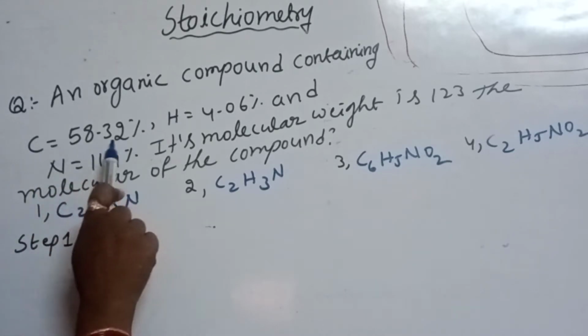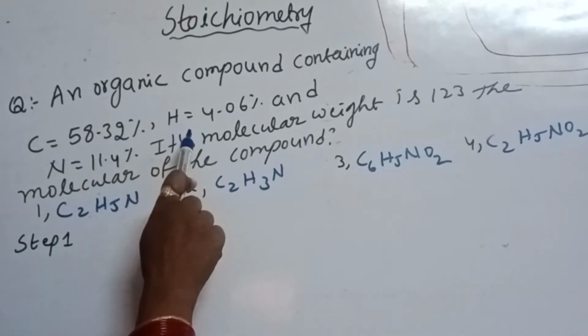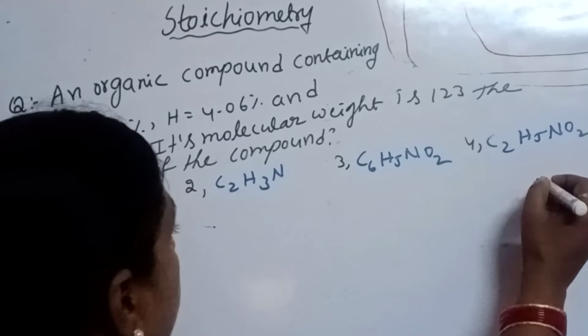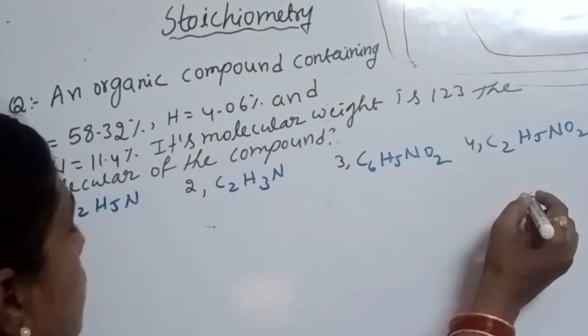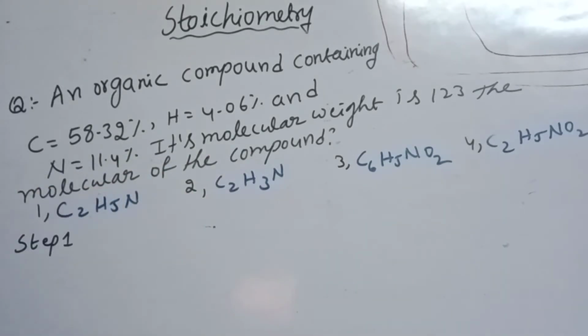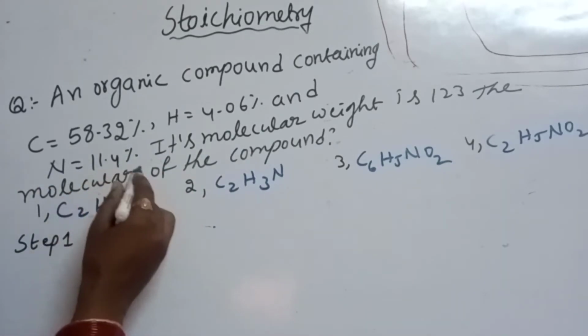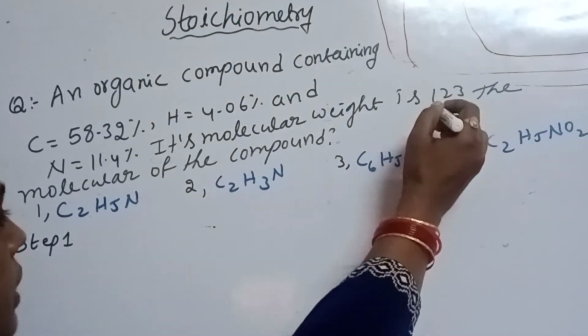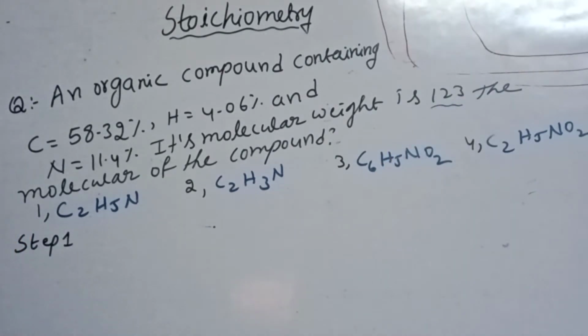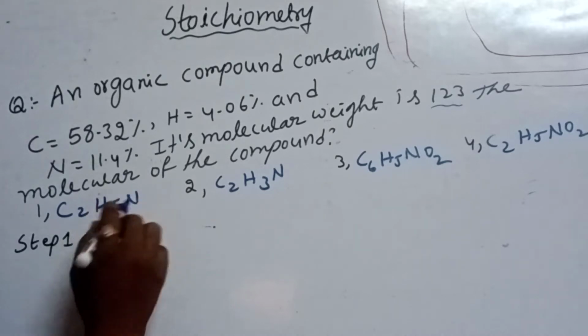Carbon is 58.32 percent, hydrogen 4.06 percent and nitrogen 11.4 percent. Its molecular weight is also given: 123.